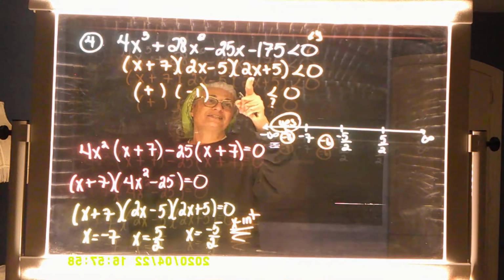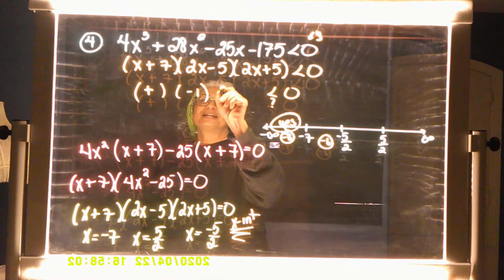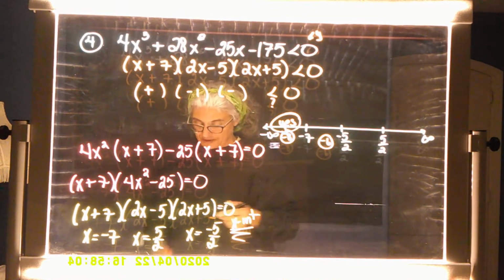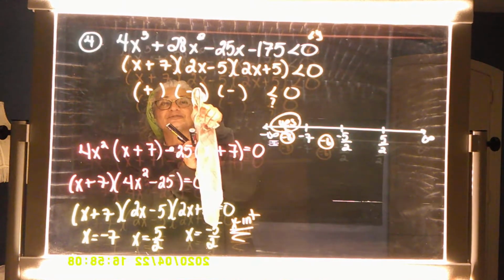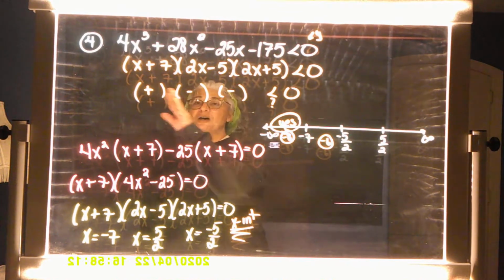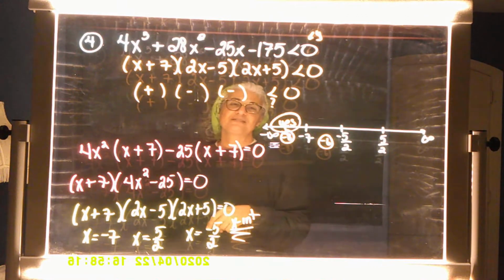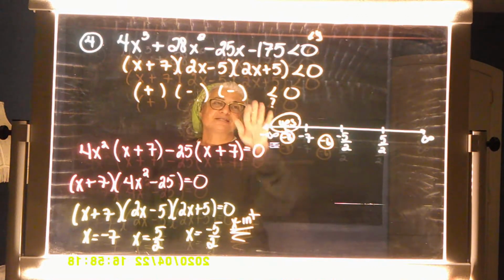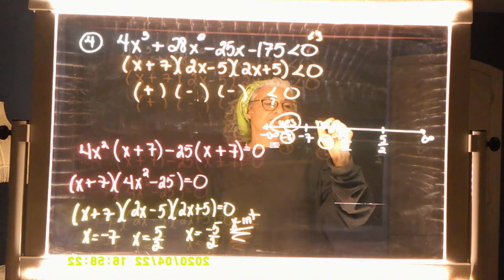Into the third, I'll get another negative answer. Sorry, I did not mean to put a negative 1 there, I just meant to put a negative. My apologies. So positive times negative, times another negative is positive. Is a positive number less than 0? Nope. This one's not working.